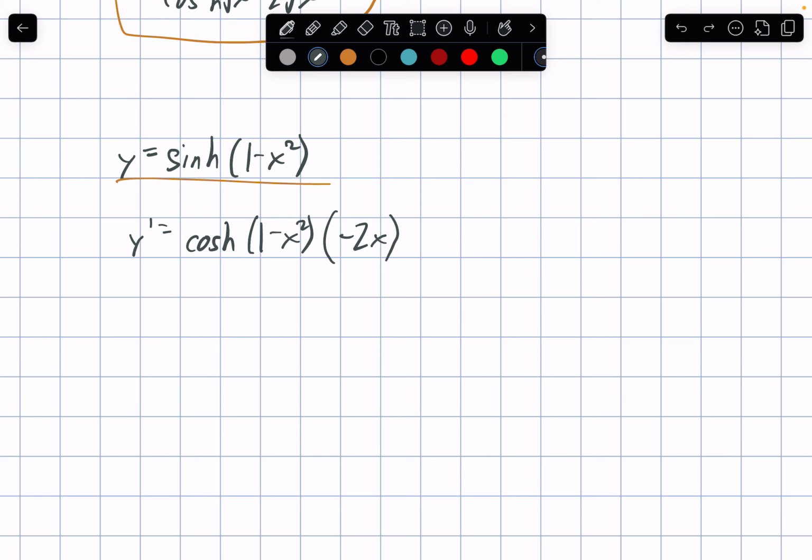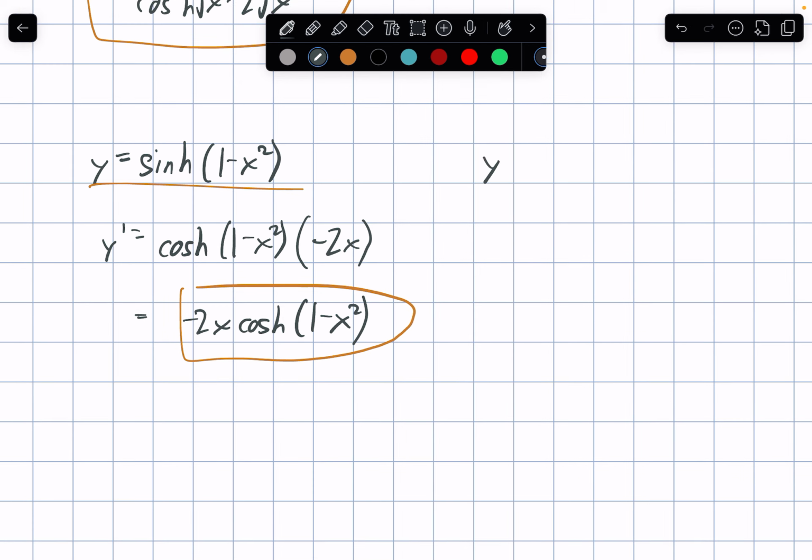Don't forget the negative sign, that's part of it always. And this is the final answer, I believe. That's it. Next question.